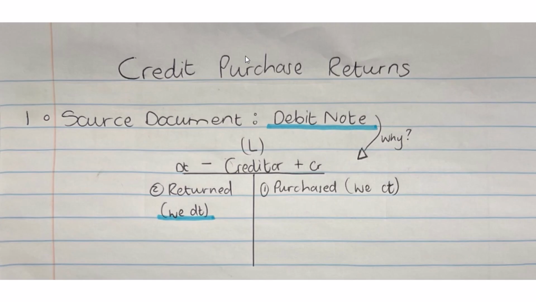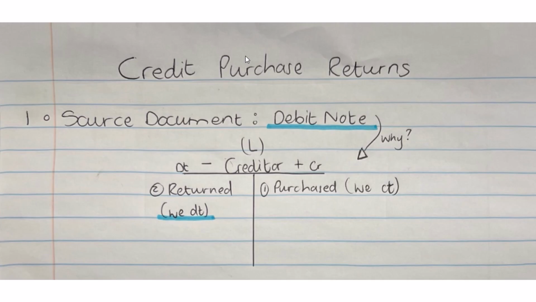It will only decrease our liability because we're only asking for a discount on the debt but not sending the trading stock itself back. Right. So it will obviously decrease the value of the trading stock, but it will not decrease the trading stock amount itself.